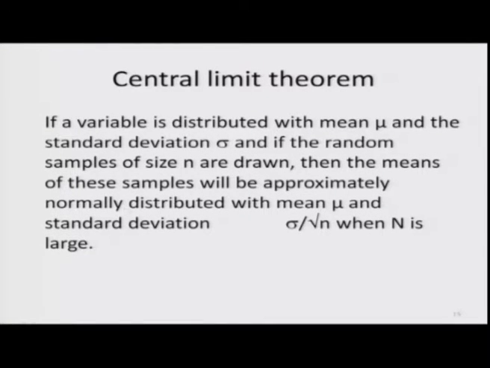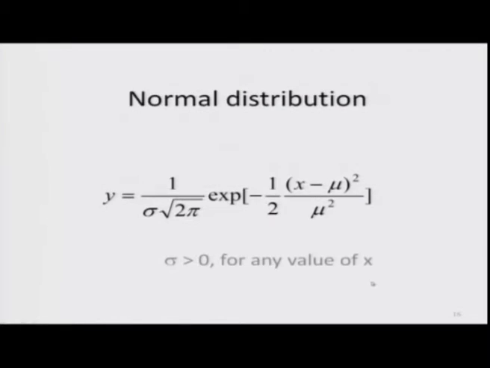There is a central limit theorem in statistics which makes many of our tasks simple in sampling theory, and that is that if a variable is distributed with mean mu and standard deviation sigma, and if random samples of size n are drawn, then the means of these samples will be approximately normally distributed with mean mu, which is the mean of the population, and standard deviation sigma by root n when n is large, population size is large. We have used this formula in some of the earlier lectures also, and this is the shape of the normal distribution.